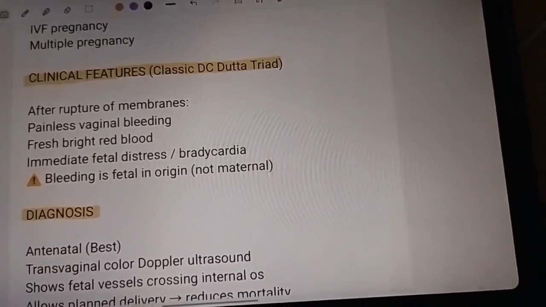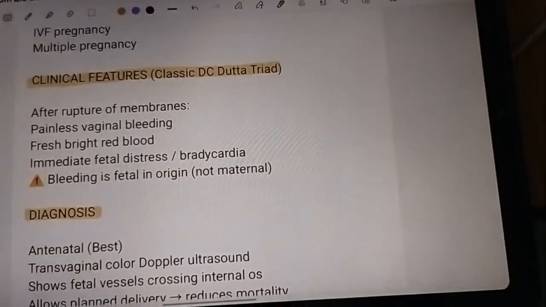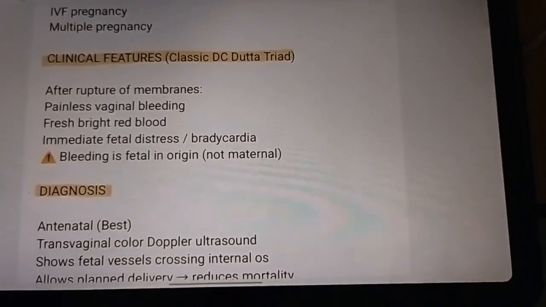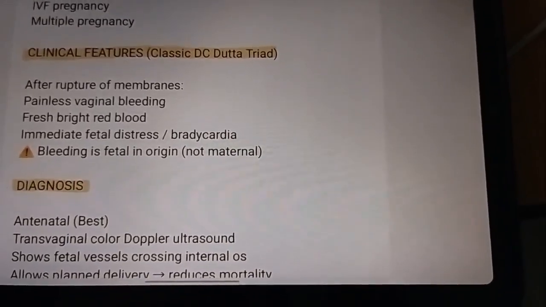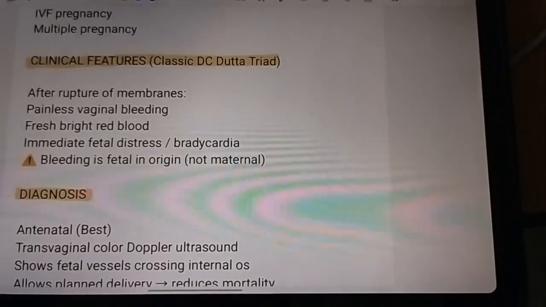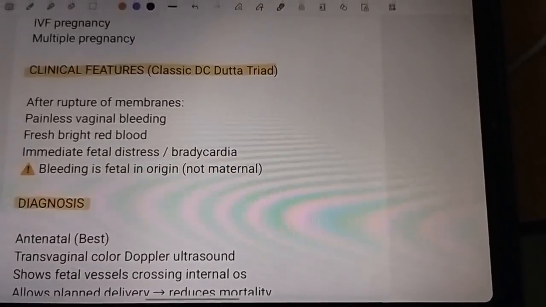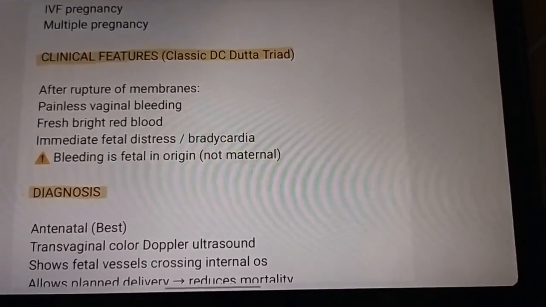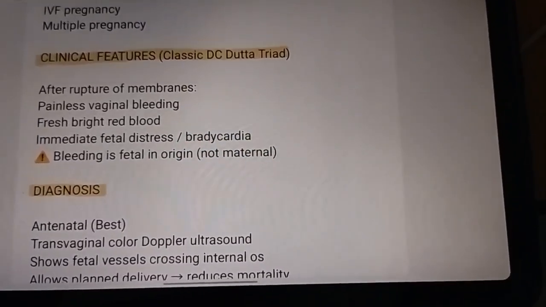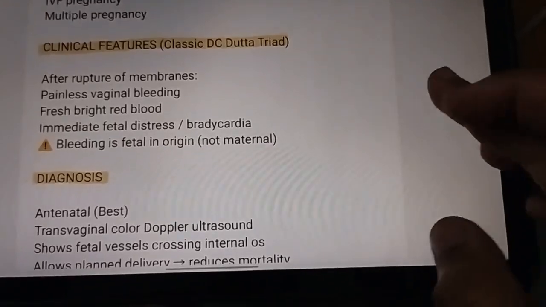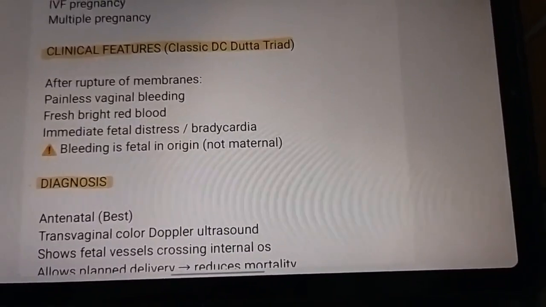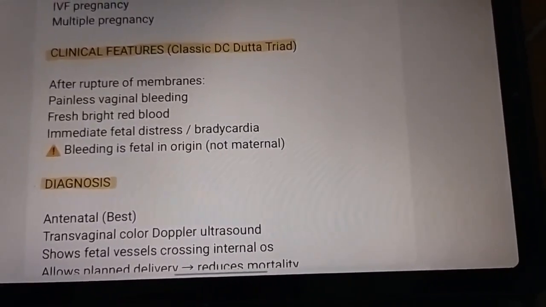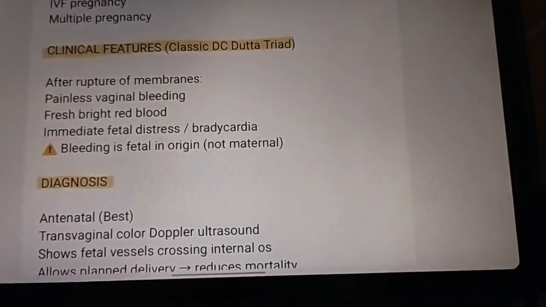It differentiates fetal and maternal blood. Fetal blood is HbF and it is resistant to acid and alkali, but maternal blood is sensitive. So if there is no change in color, then it is fetal blood. So in Vasa previa, we don't try vaginal delivery, we do a planned C-section.